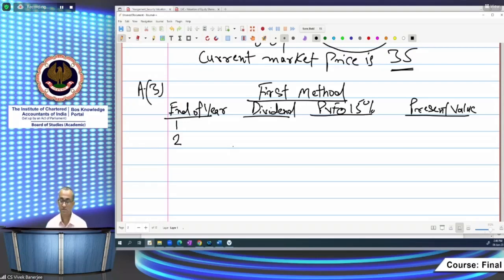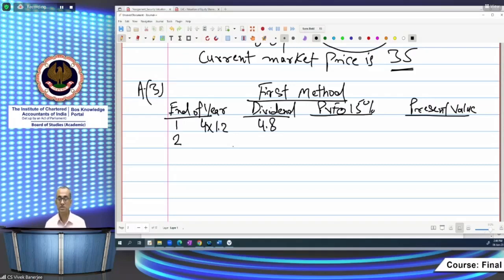So first year, for the dividend, the current dividend is 4, and it will grow at 20%. So 4 into 1.2, which will come to 4.8.